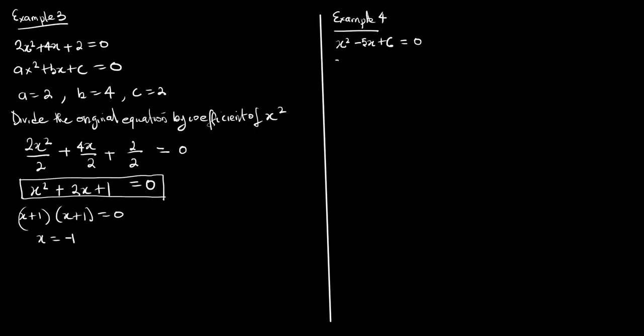Let's bring up the normal form of a quadratic equation, ax squared plus bx plus c is equal to 0. You can see clearly that my a in this case is going to be 1, my b is going to be minus 5, and my c is going to be 6.